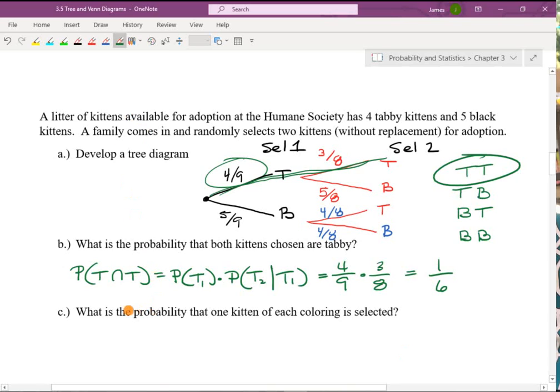It says, what is the probability that 1 kitten of each coloring is selected? Okay. So that means the probability of, let's say, the first one being tabby and the second one being black. Okay, so that would be the probability first one is tabby, times then the probability of the second one being black, given the first one was tabby.